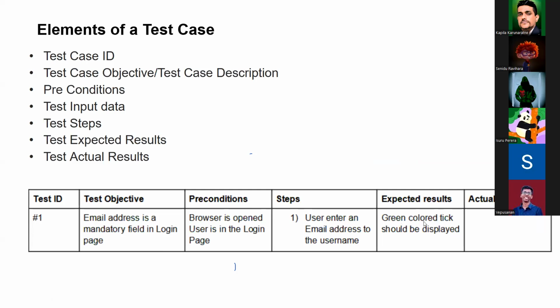So the expected result is a green color tick should be displayed. So if your actual result is also a green color tick displayed, actual result and expected results are equal.